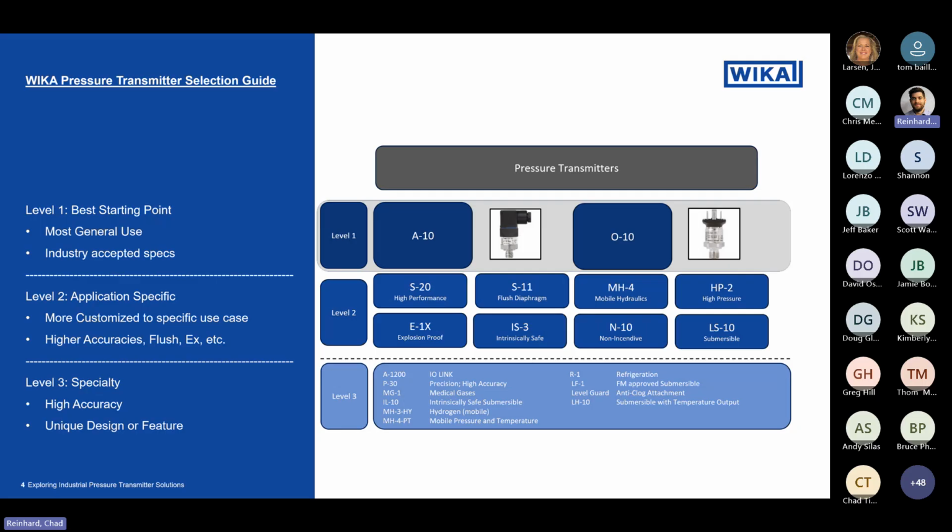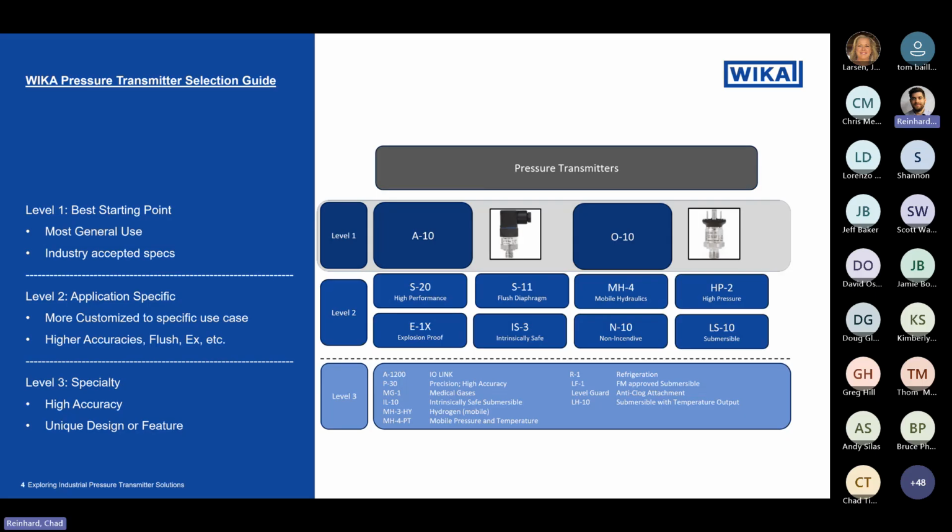One application I can think of is in agriculture. There are people that make pumping equipment for manure, and that has a lot of particulates in that media. In order to have a protective layer between the media and the diaphragm or the sensor element, you've got to protect the sensor internals, and a flush diaphragm S11 is one way to do that.